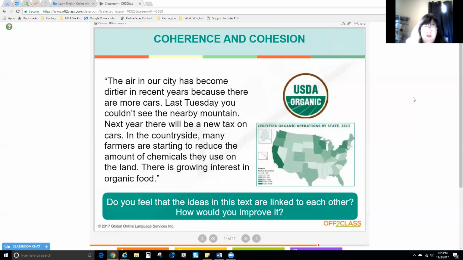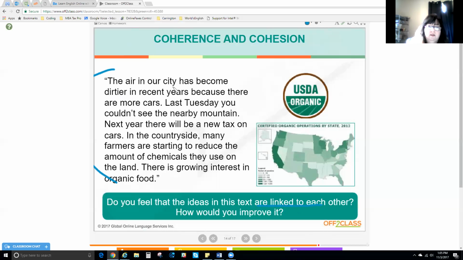In the countryside, many farmers are starting to reduce the amount of chemicals they use on the land. There is a growing interest in organic food. Okay, is this a coherent or cohesive paragraph? Are these ideas linked to each other? How can we improve this?